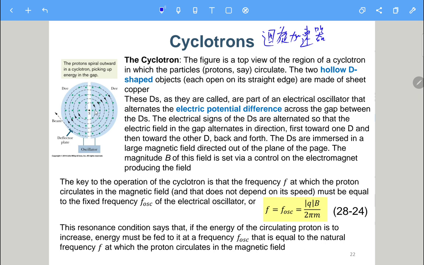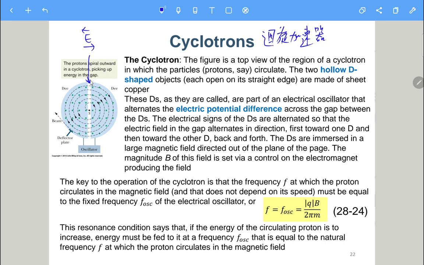So sometimes the E field points to the right side, and then sometimes the E field points to the left side, alternating periodically. In that case, it will accelerate the charged particle. So the electric potential of the Ds alternates, so that the electric field in the gap alternates in direction.